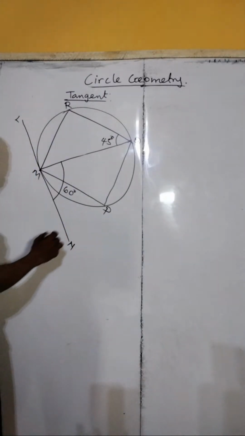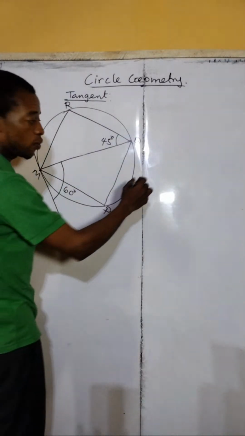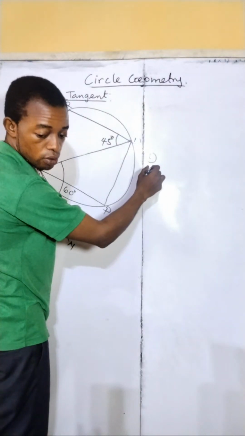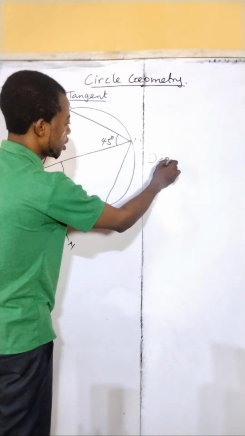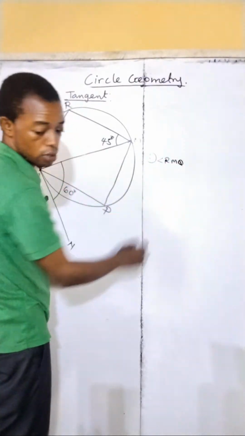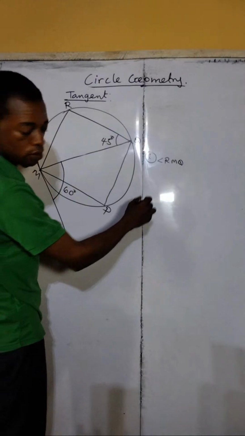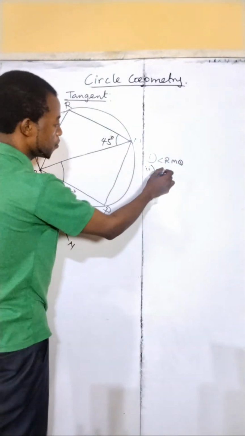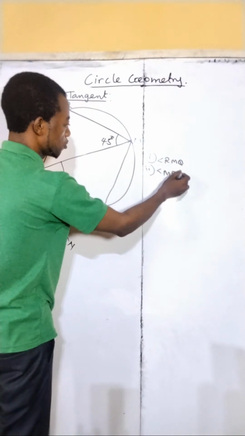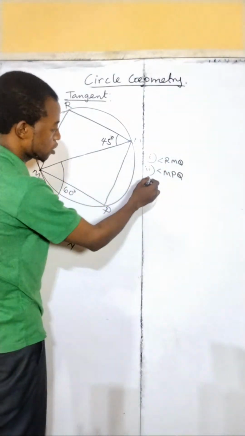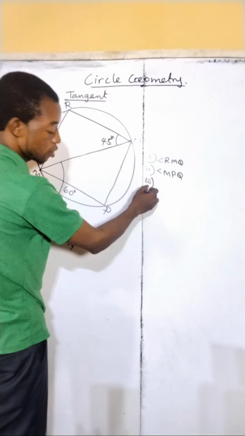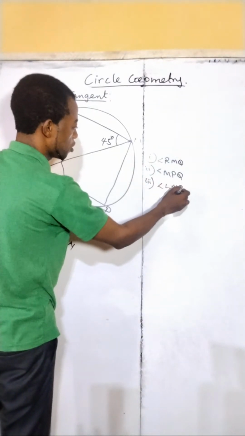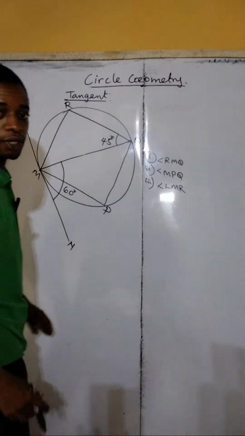The question says we should find, number one, angle RMQ, and also number two, angle MPQ. Also number three, angle LMR. So these are the three angles we are finding here.